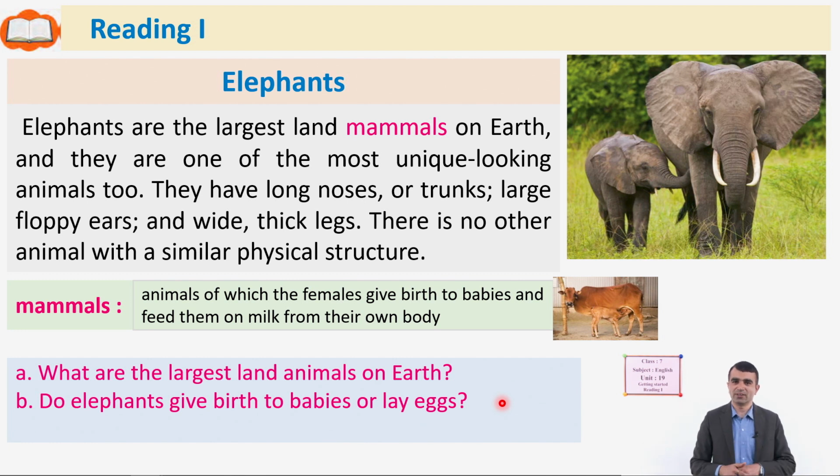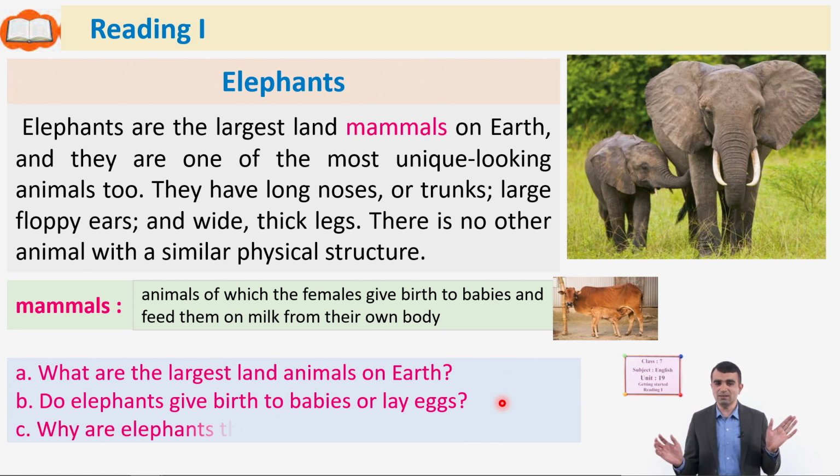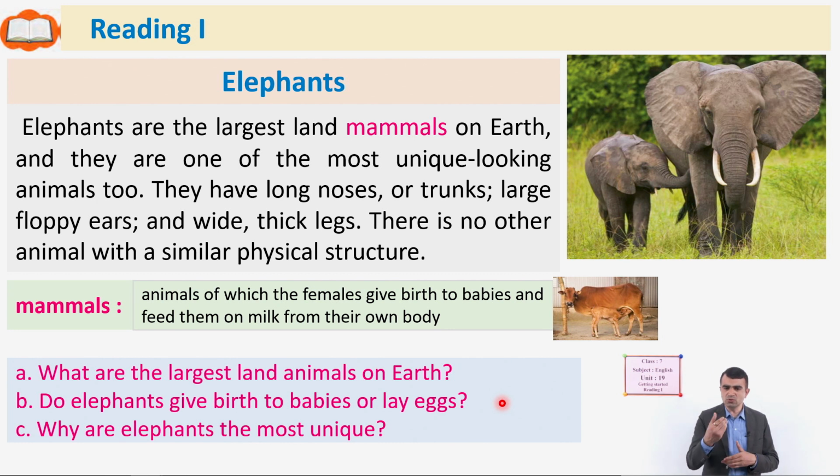So elephants give birth to babies. No, they do not lay eggs. Now in the same way, why are elephants the most unique? Yes, there is no other animal with a similar physical structure. Unique means different from others. Good, next paragraph.